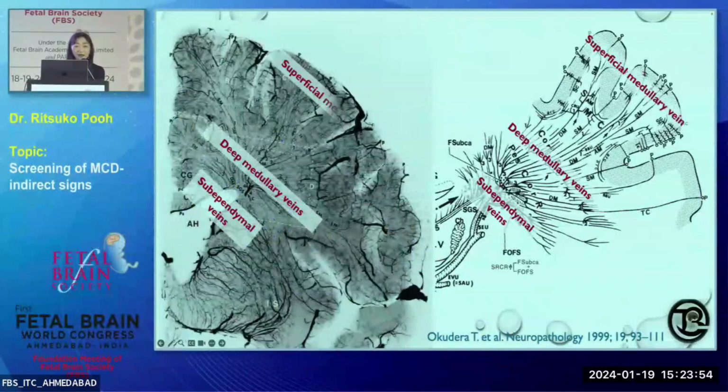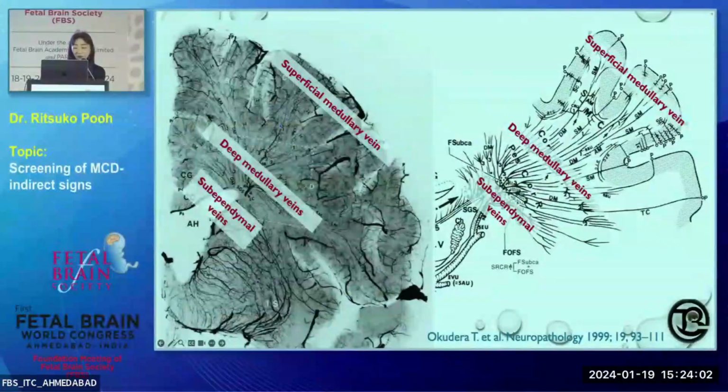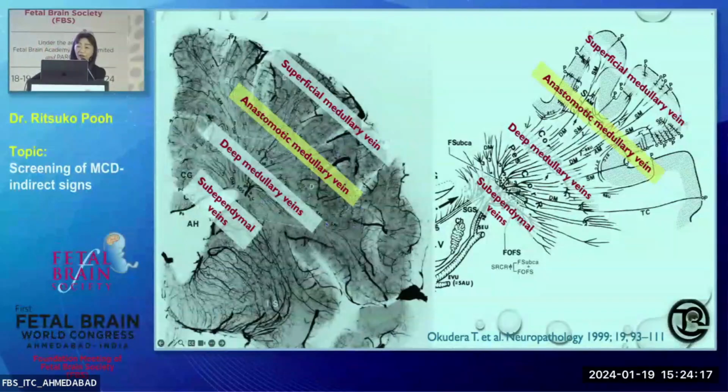At the same time, the superficial medullary vein runs from the surface of the brain towards the inside. And then there is an anastomotic medullary vein. Because of these anastomotic medullary veins, the superficial medullary vein and the deep medullary vein shake hands.